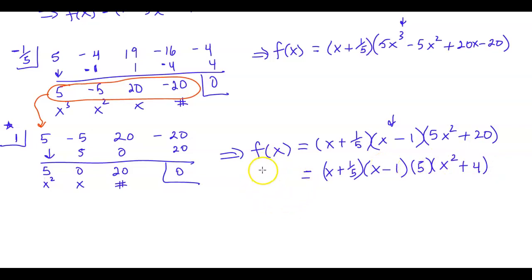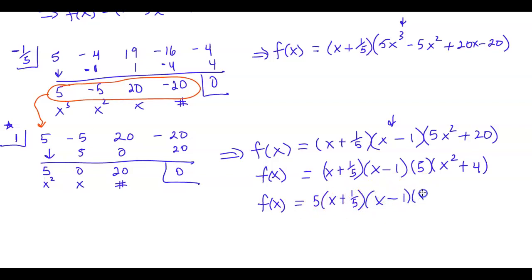Now, since multiplication is commutative, and that's just a very fancy way of saying 2 times 3 is the same thing as 3 times 2, I can multiply any of these in any arrangement that I want. So here what I could do is shift my 5 to be here and multiply it times the factor of x plus 1/5.